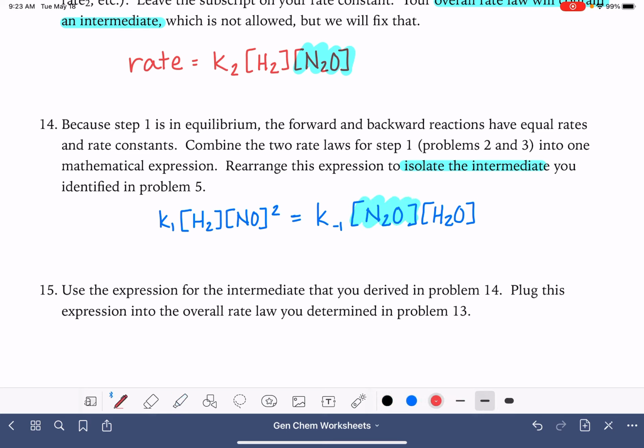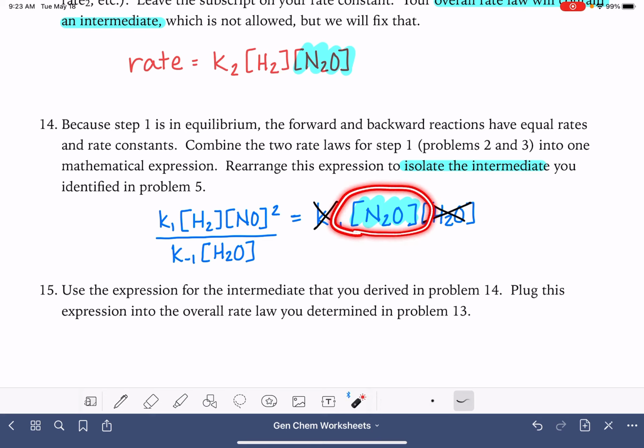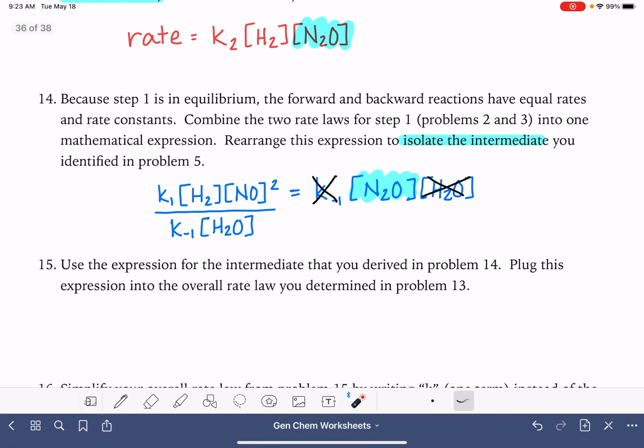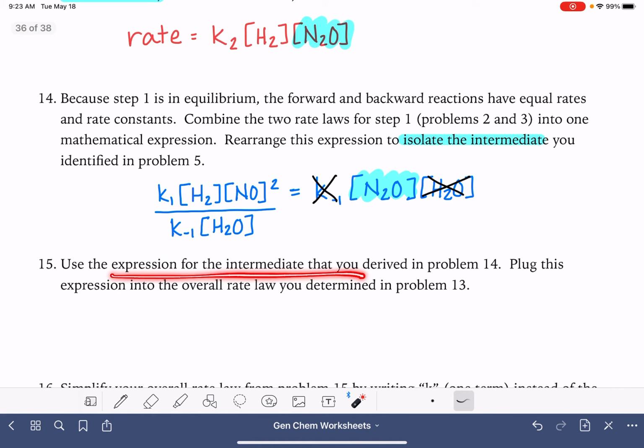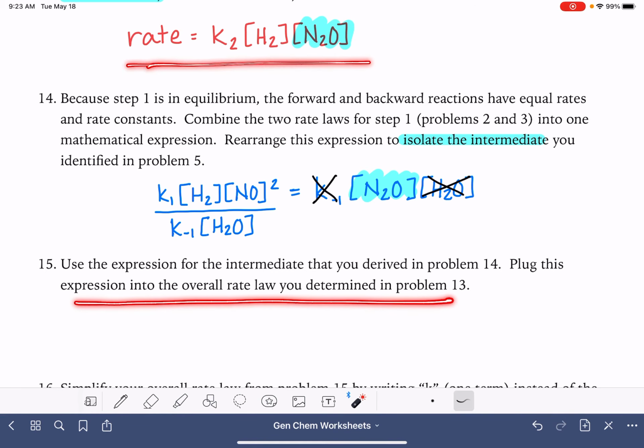We want to isolate that. We're going to do that by dividing both sides by K sub -1 and H2O. And that's going to cancel these terms out on this side. And this gives us an expression for N2O, our intermediate, which we're going to be able to stick right into that overall rate law. So we're going to use this expression for the intermediate right here and plug it into the overall rate law right here.